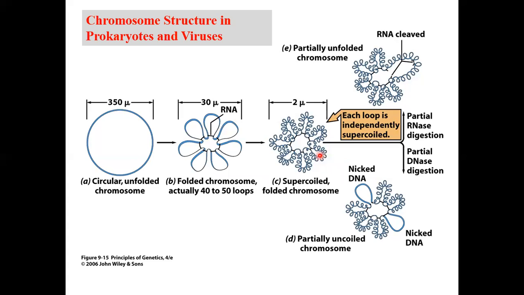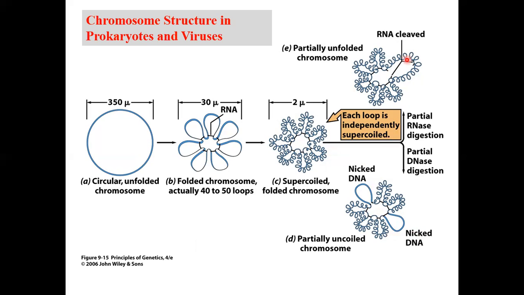Each loop is independently supercoiled. When we cleave it to make it relaxed, for example, this is the nicked DNA, and this region is the partially uncoiled chromosome.